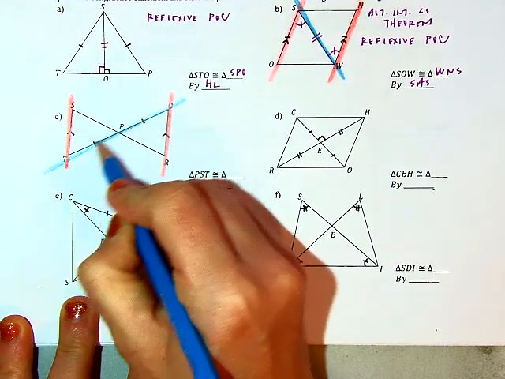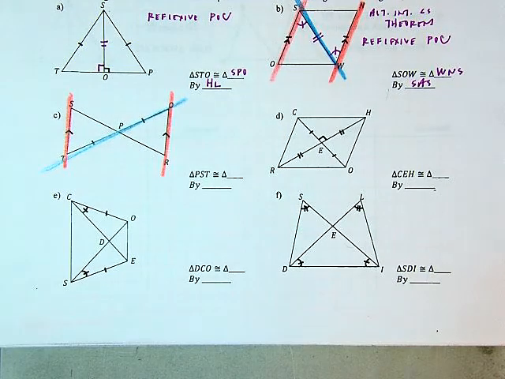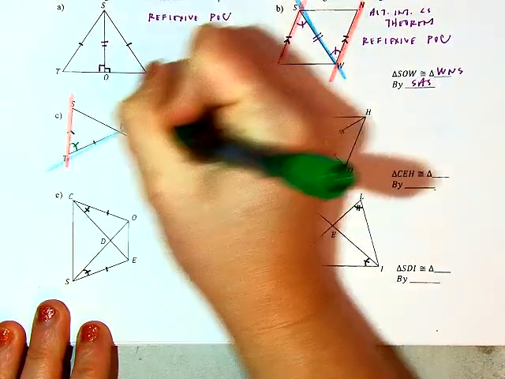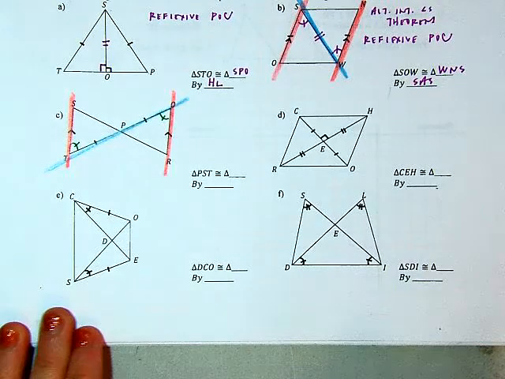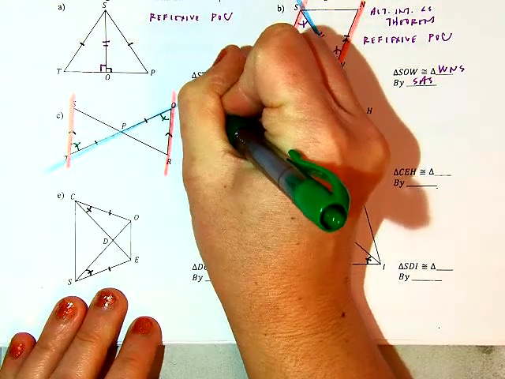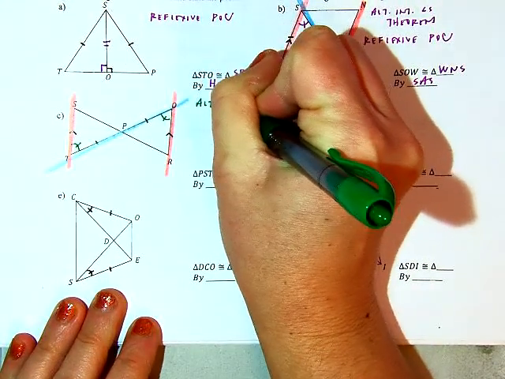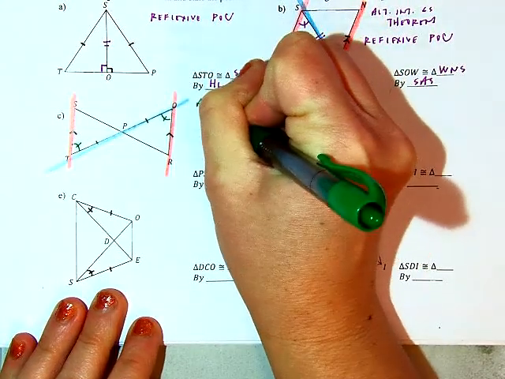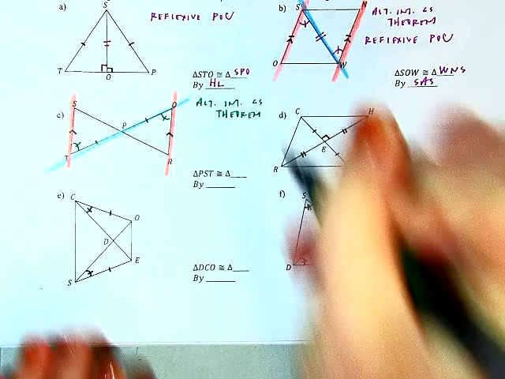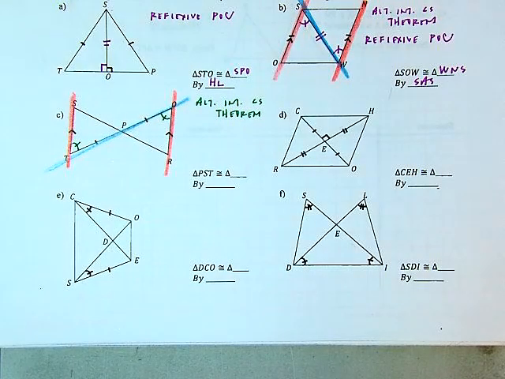You'll see why I picked this one in just a moment. All right, so here I can connect these alternate interior angles right there. So T would be congruent to O. They are alternate interior angles. So I'd be citing that theorem to make that connection if I was writing this as a formal proof.